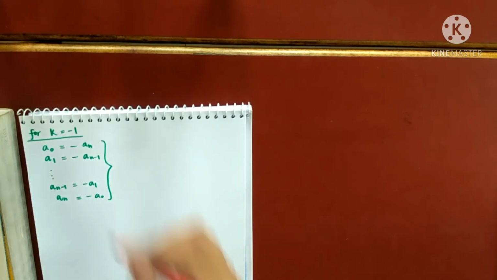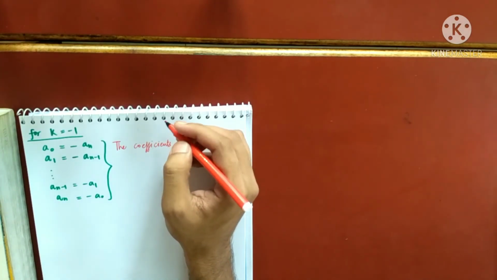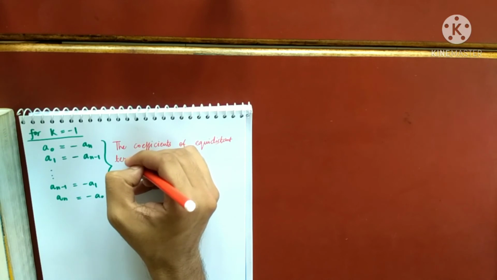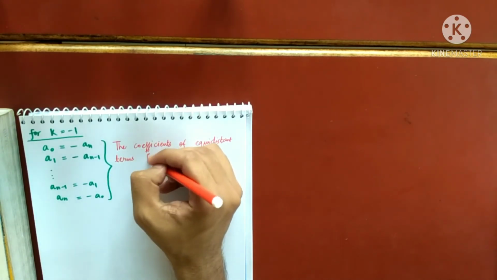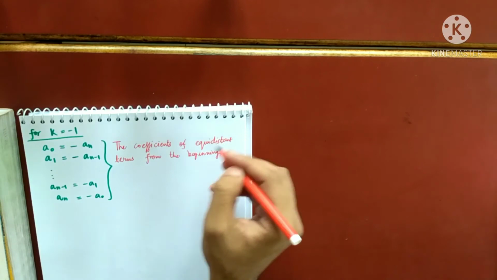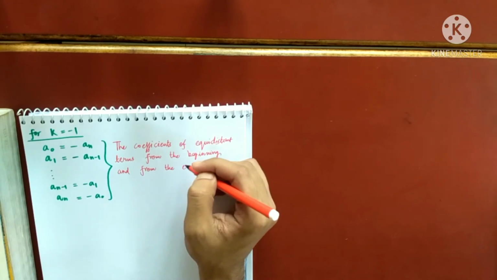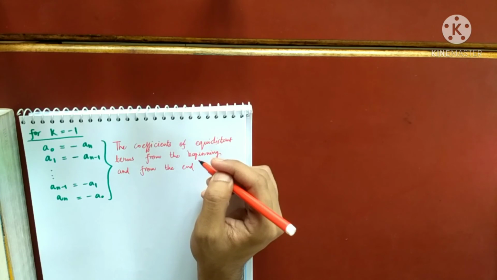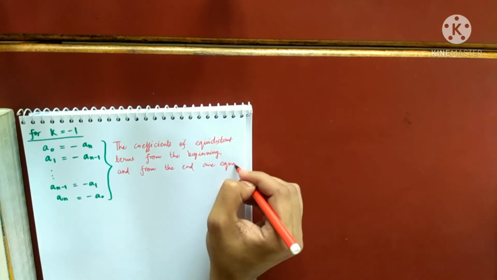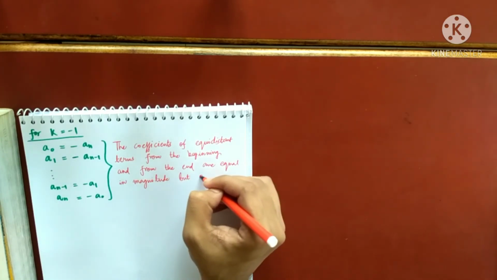Second kind, sorry, second kind. So the coefficients of equidistant terms from the beginning and from the end are equal in magnitude but opposite in sign.